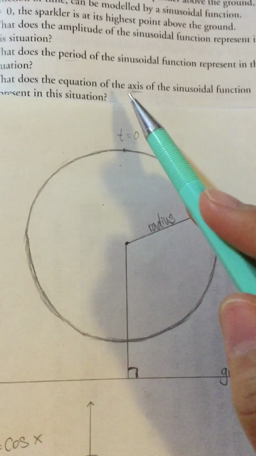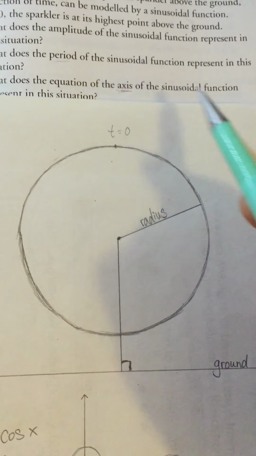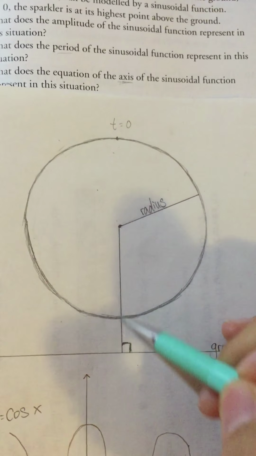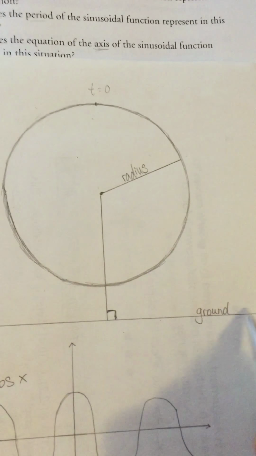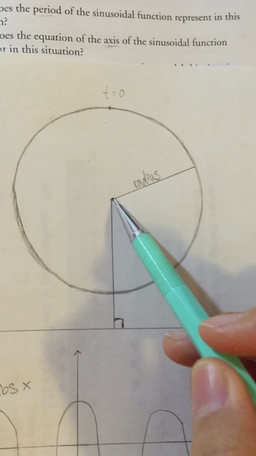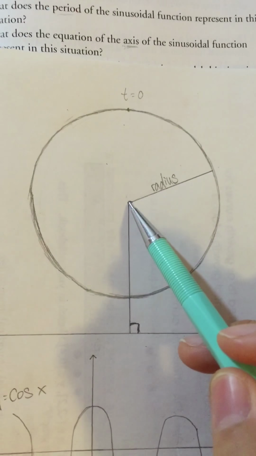So the axis of the function will be the height above the ground of the center of the circle in which the tip of the sparkler is moving.